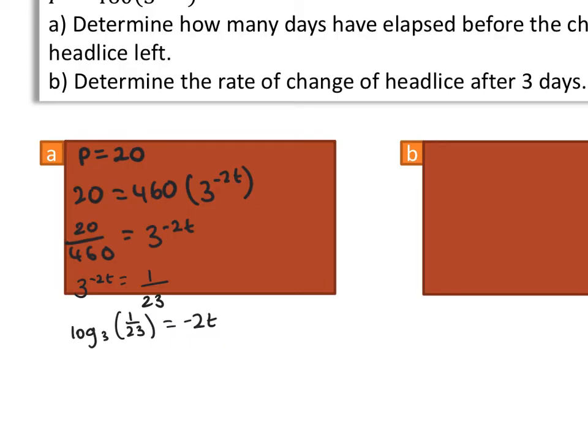So that means t equals negative log to the base 3 of 1 over 23, all over 2. I'm going to put that in my calculator and I get t equals 1.43. It says days, so I write days, and make sure I've gone back to context.